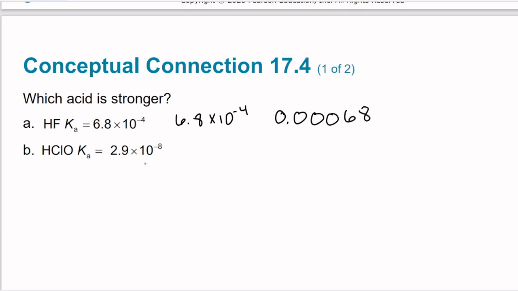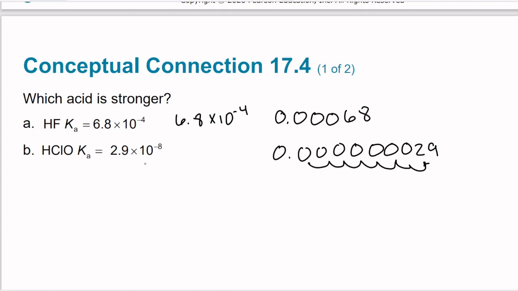And then 10 to minus 8 is 0.0000029, right? Is that right? Let me see. 1, 2, 3, 4, 5, 6, 7, 8. Yeah. So this is 10 to minus 4, this is 10 to minus 8. You can see that 10 to minus 4 is larger than 10 to minus 8.